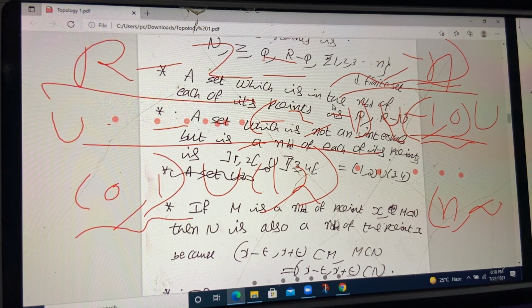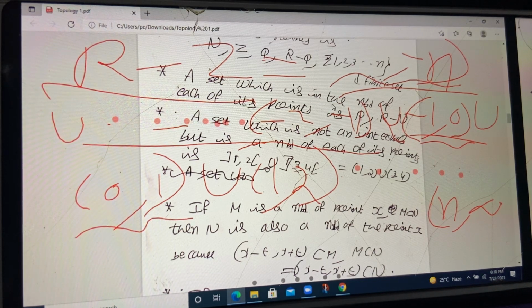So the examples are R minus N and R minus Z. R we cannot give, because R is a set as well as an interval, the open interval from minus infinity to infinity. But if you are asked for an example of a set which is a neighborhood of every point but is not an interval, it is R minus N or R minus Z.